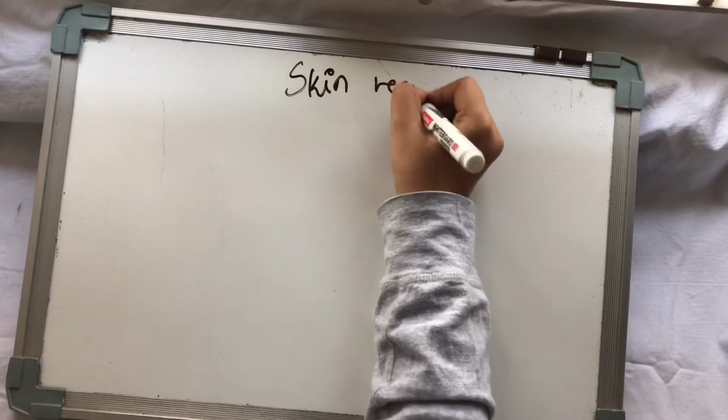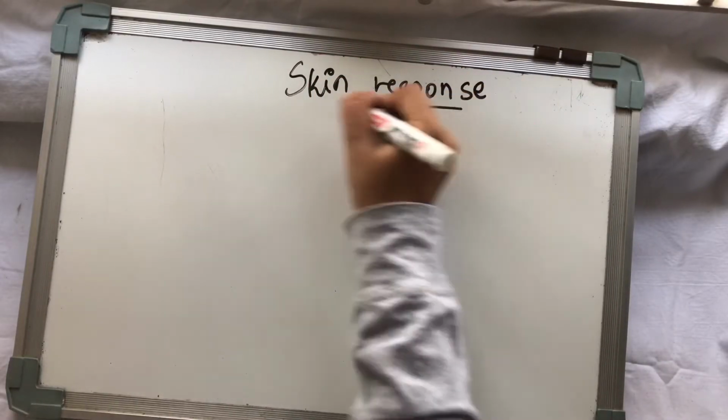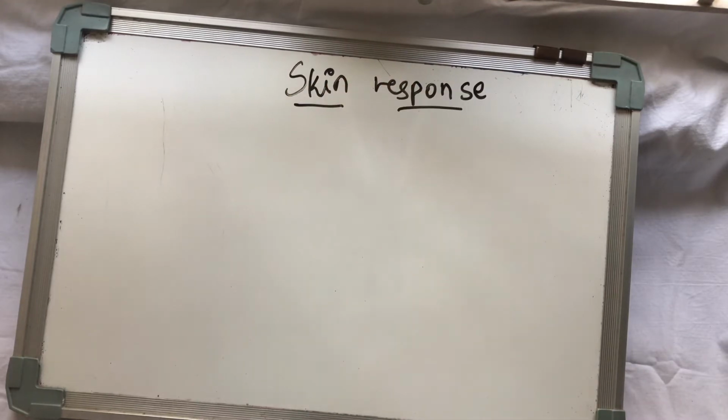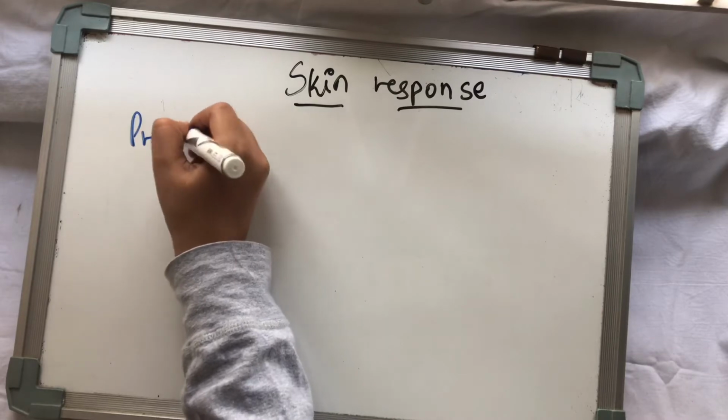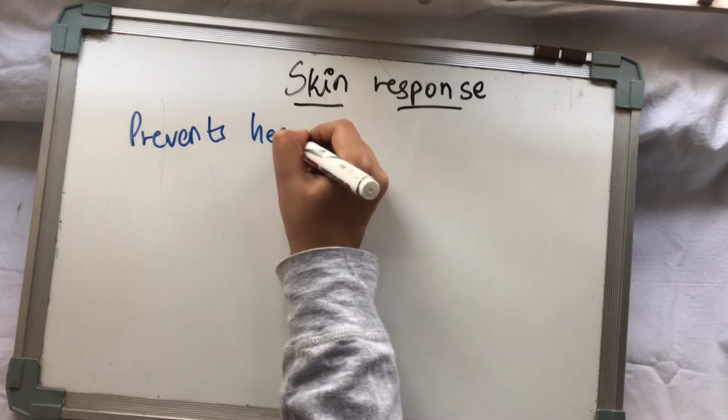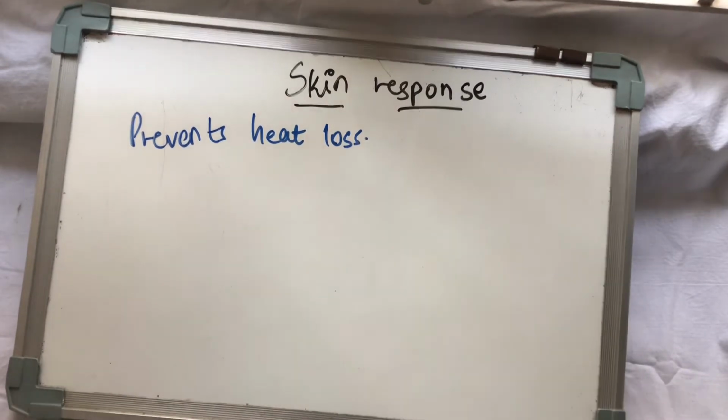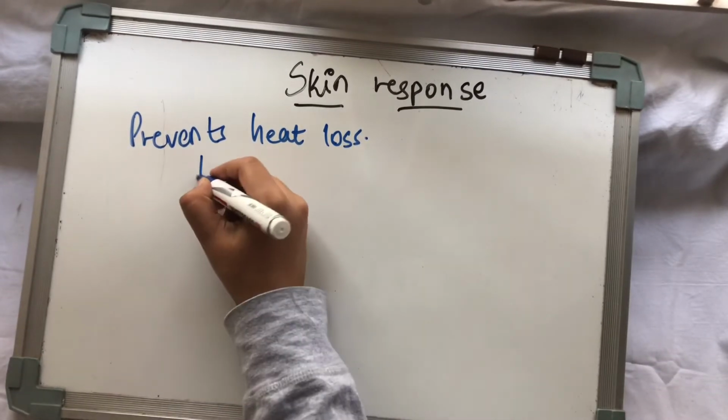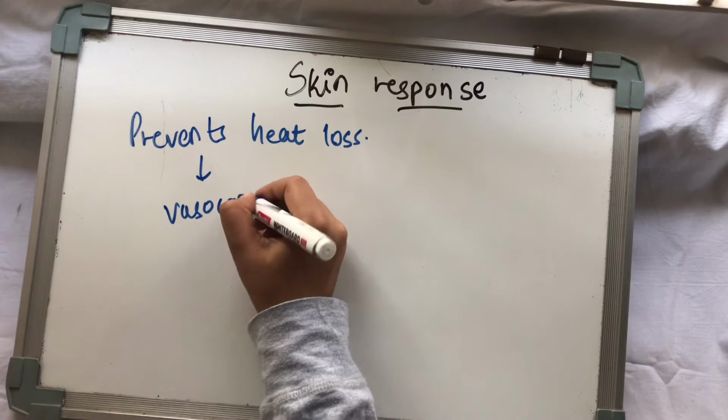So now let's see what the skin's response to cold application is. The initial response of the skin to cooling is an attempt to prevent heat loss, and this is accomplished by an initial local vasoconstriction.